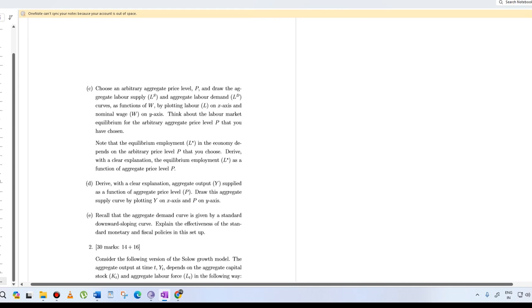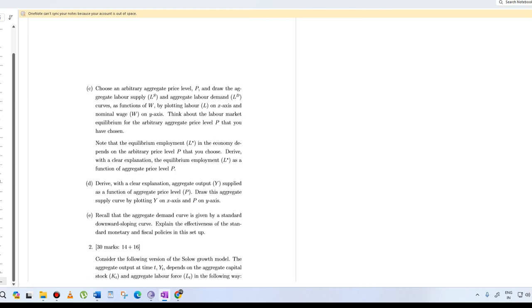Similarly, for C, choose an arbitrary aggregate price level P and draw the aggregate labor supply and aggregate labor demand curves as a function of W, and derive the equilibrium with a clear explanation. So in this C part, let's choose P equal to P0.